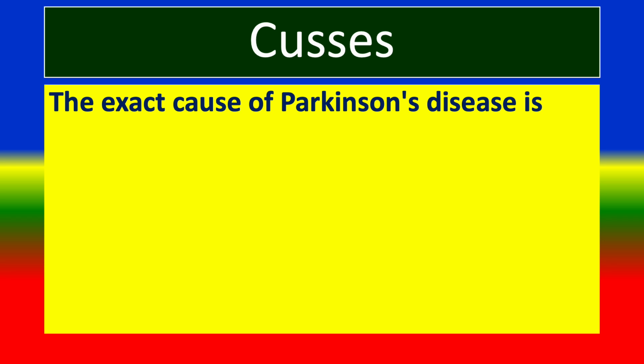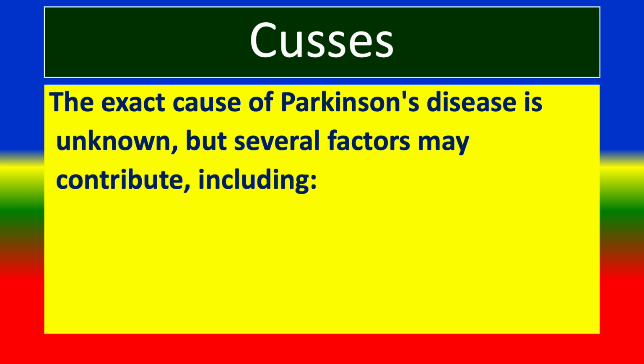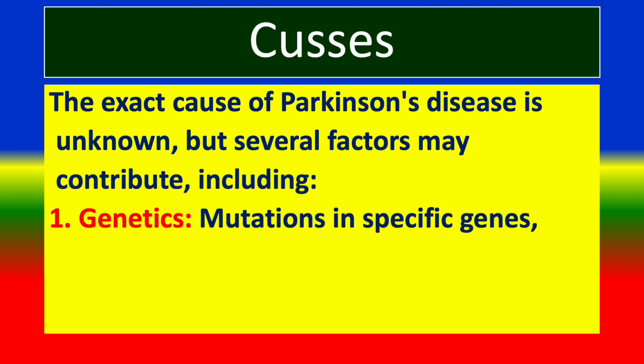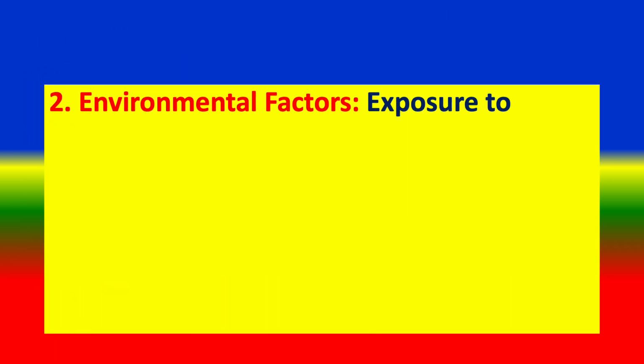Causes. The exact cause of Parkinson's disease is unknown, but several factors may contribute, including: 1. Genetic mutations in specific genes such as LRRK2, PARK2, and SNCA can increase the risk. 2.